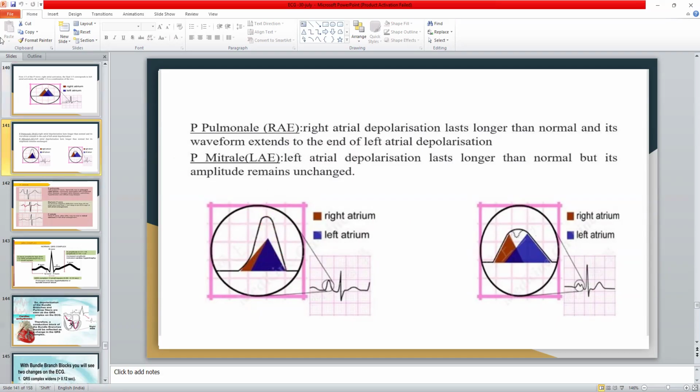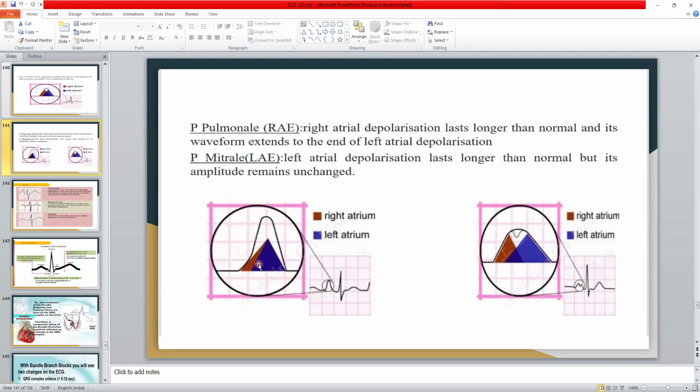Coming to the P mitrale. This is the P mitrale. How does it look? Here the left atrial depolarization lasts longer than normal, but its amplitude remains unchanged.